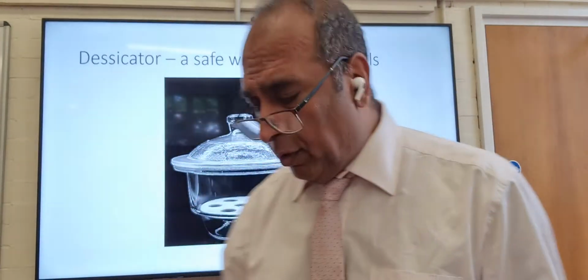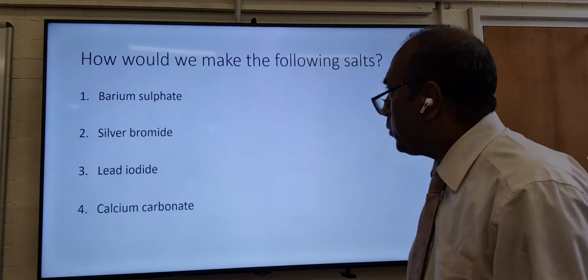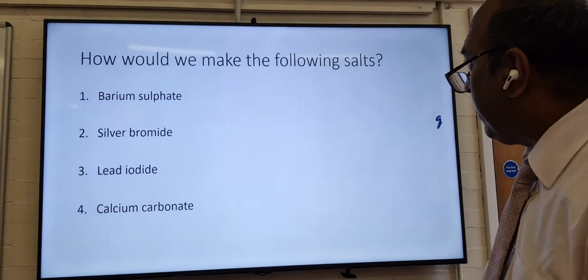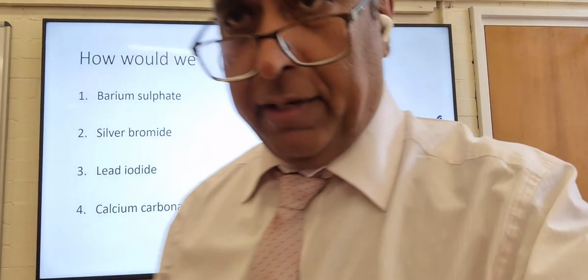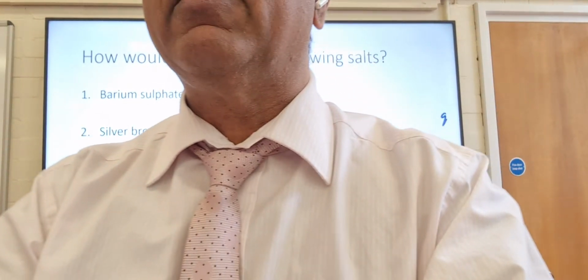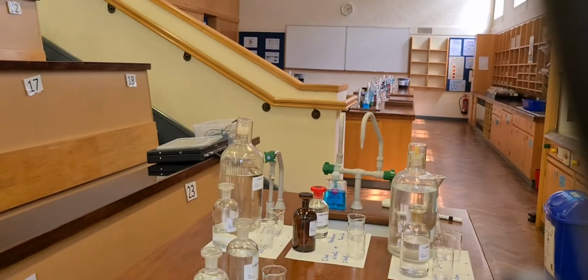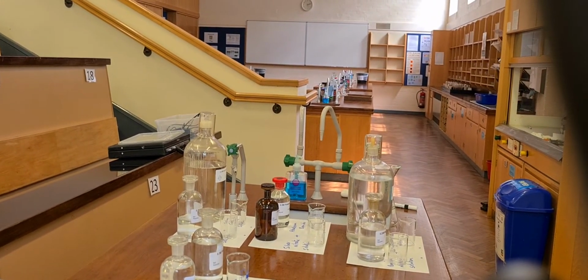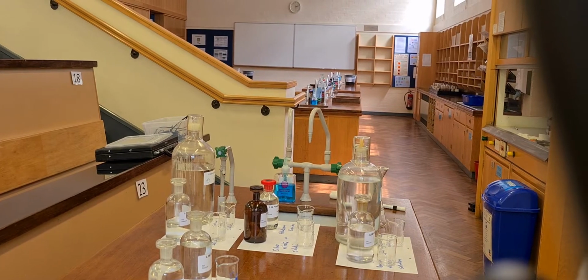Okay, so let me move on to some examples. How would we make barium sulfate? Now, let me see if I can get the examples switched around here. Barium sulfate.